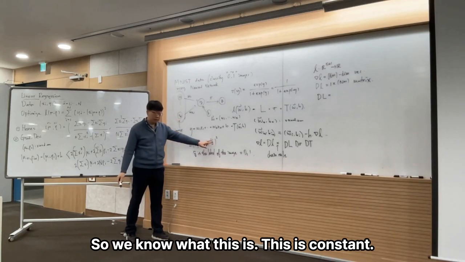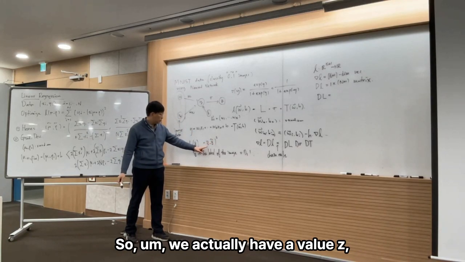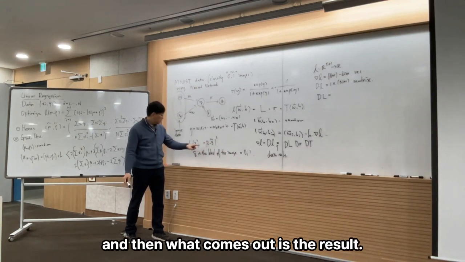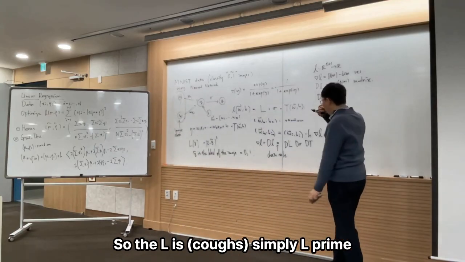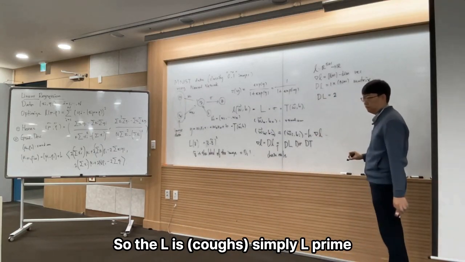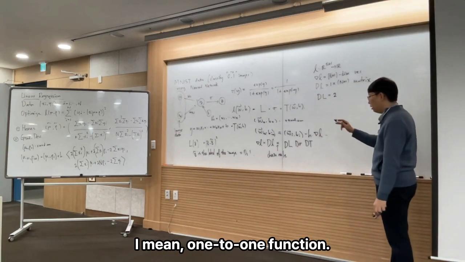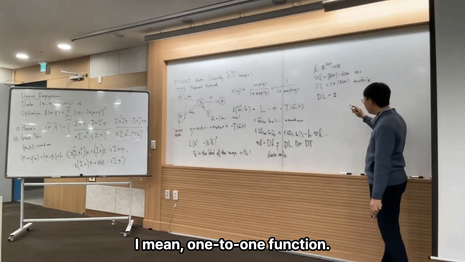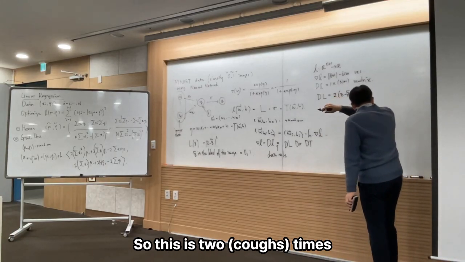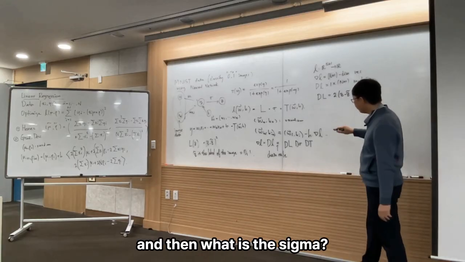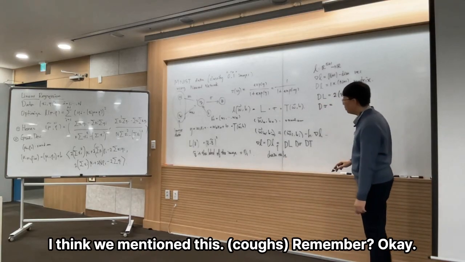So this is constant. We put in a value z, and what comes out is the result. So L is simply L prime, because it's a one-to-one function. So this is 2 times (z minus z tilde). And then what is the sigma? I think we mentioned this.